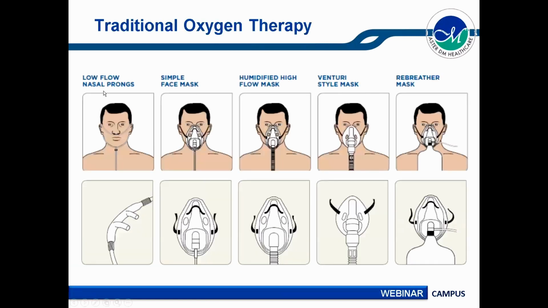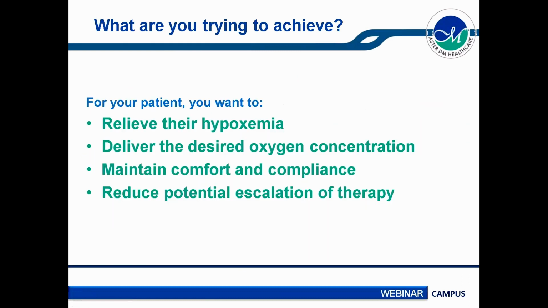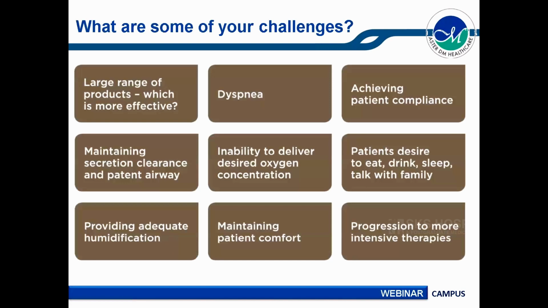The traditional oxygen therapy was giving low flow nasal prongs, the face mask, the Venturi, etc. And now with this newer device, you can have a precise level of FiO2. So what we are trying to achieve is relieving the hypoxia, delivering the desired oxygen concentration while maintaining comfort and compliance, and reducing the potential escalation of therapy. It can prevent the patient from going for intubation and other invasive procedures.